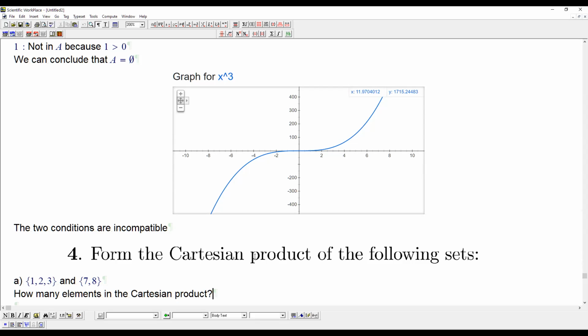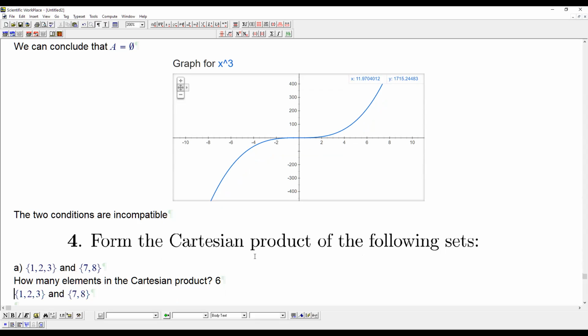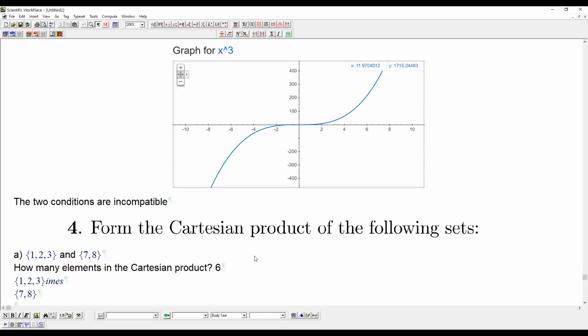Good. So that's 6. Let's just write them down. There are going to be ordered pairs, or tuples. I would write it this way. That's a set.